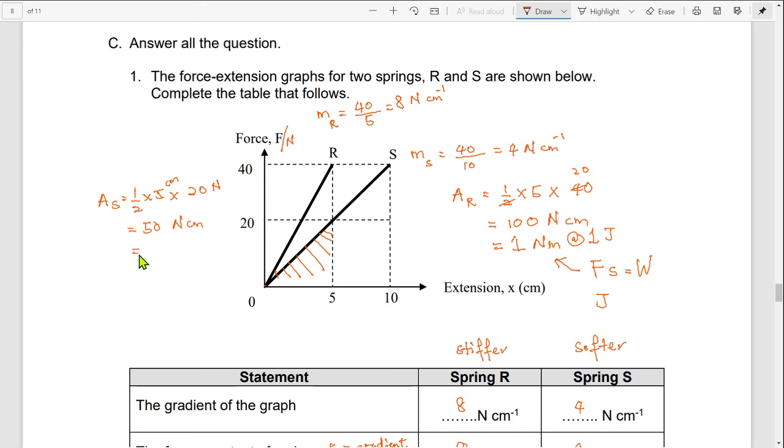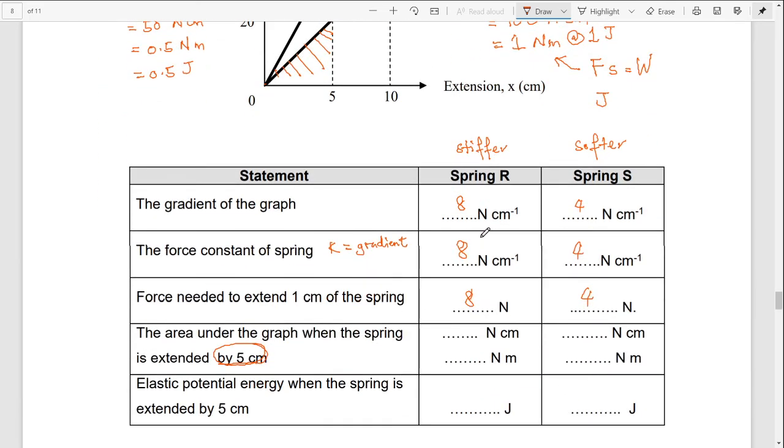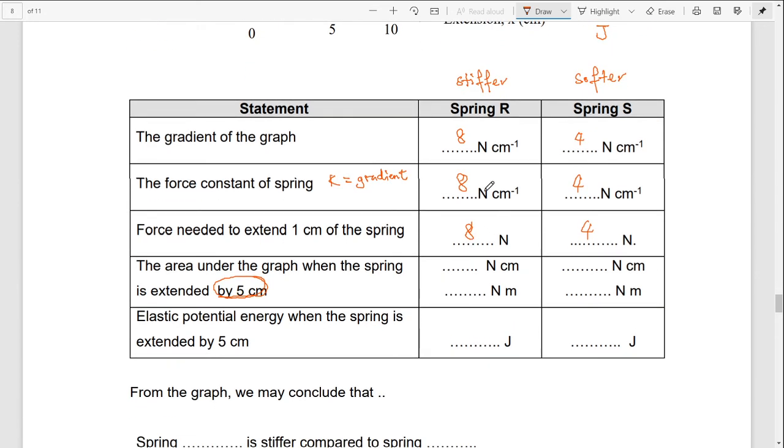So I convert cm to meter. You should be able to get 0.5 Newton meter. Or you can also write this as 0.5 joule. Okay, let's go back to our table. So the area under the graph when the spring is extended by 5 cm, this is 100 Newton centimeter, equivalent to 1 Newton meter. For spring S, that will be 50 Newton centimeter, equivalent to 0.5 Newton meter.